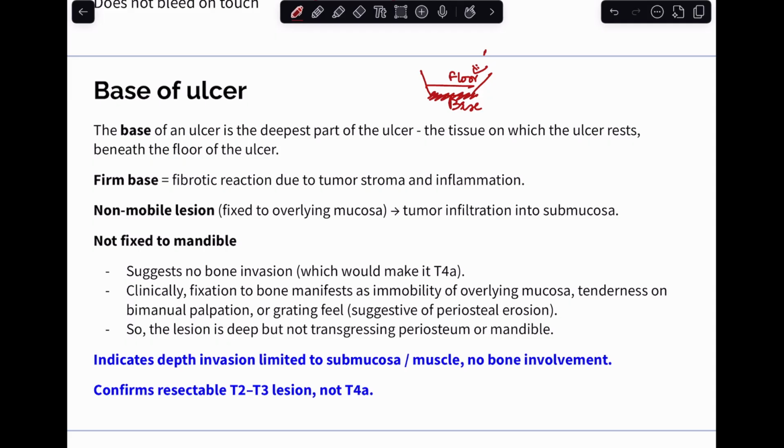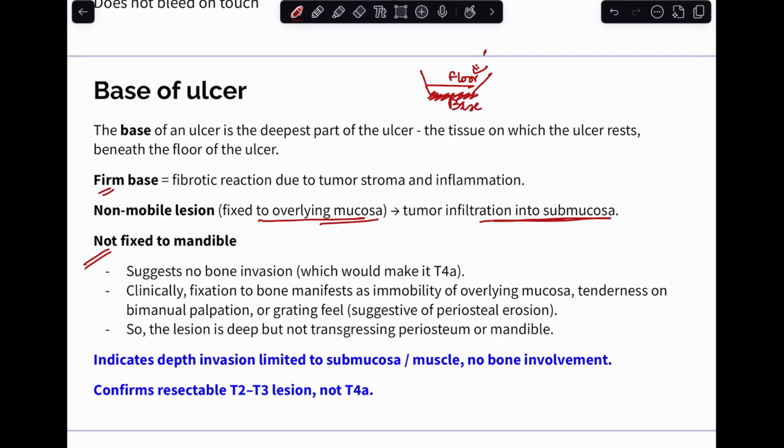When we find the base is firm, that means probably there is some fibrotic reaction occurring here because of tumor stroma and inflammation. We have also found it to be non mobile, which means it's fixed to the overlying mucosa. A tumor is probably infiltrating the submucosa. And we have found that it is not fixed to the mandible, possibly indicating that there is no bone invasion over here.